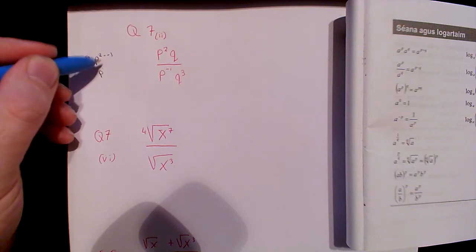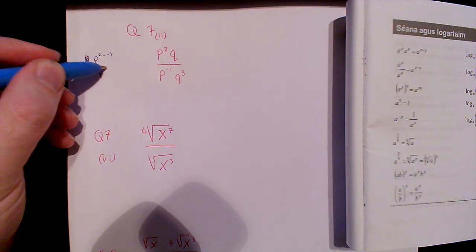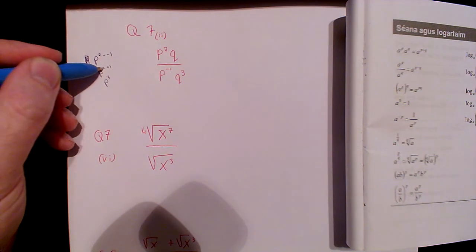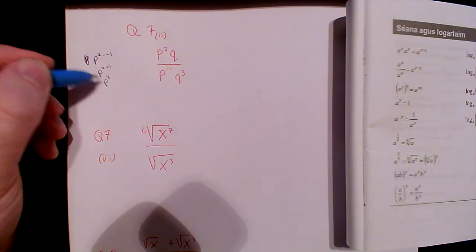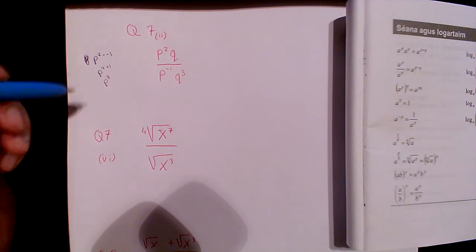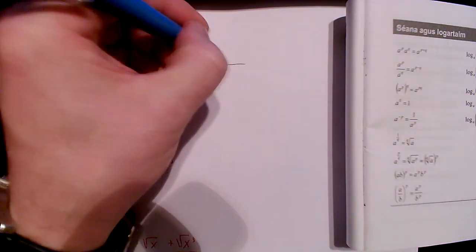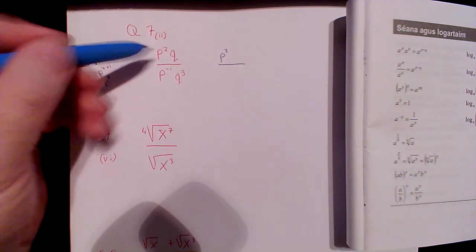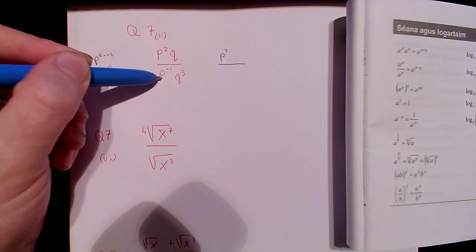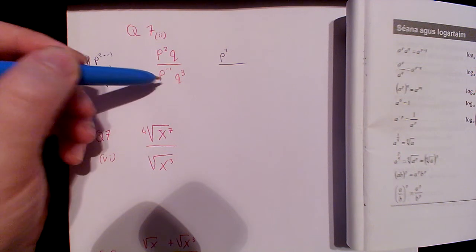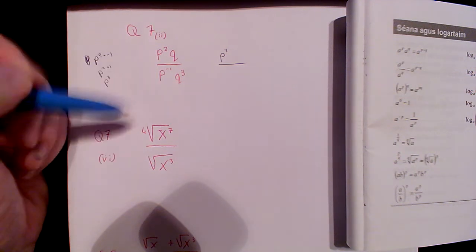So p squared minus 1 is the same as p squared plus 1, which is 2 plus 1, which is p to the power 3. Okay, so on top we're going to have p to the power of 3 because we have p squared, and then we take away this, so p to the power of 2 minus p to the power minus 1.